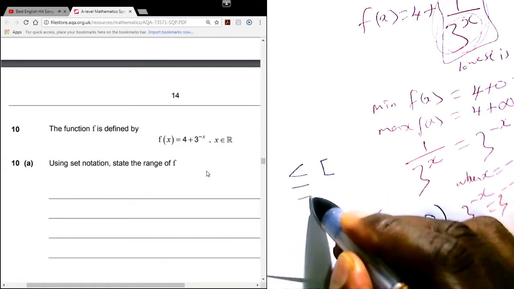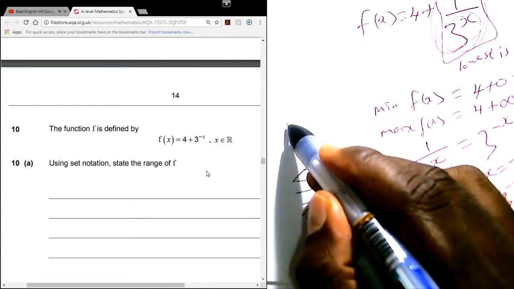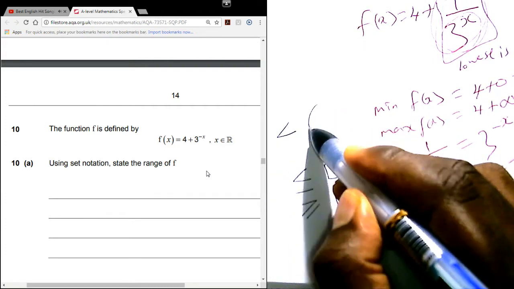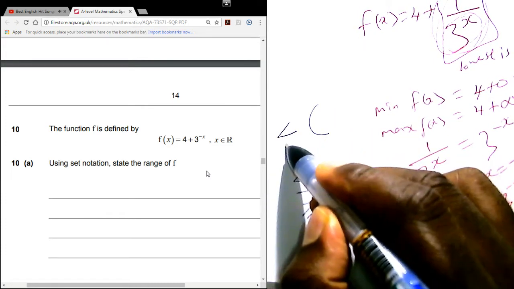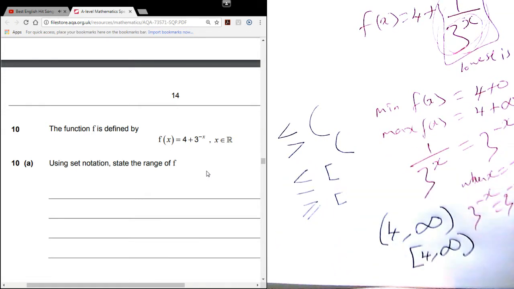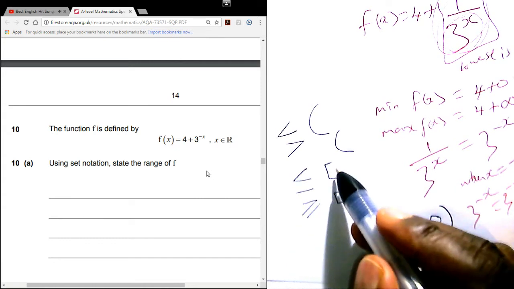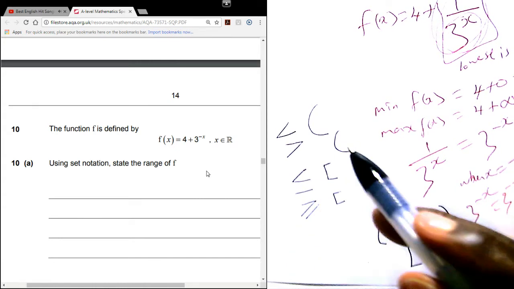When we talk about greater than or equal to, it's also a square bracket. But when we talk about strictly less than, that's a round bracket. When we talk about strictly greater than, that's a round bracket, parenthesis. So if there is no equality option, you don't use a square bracket, you use a round bracket.